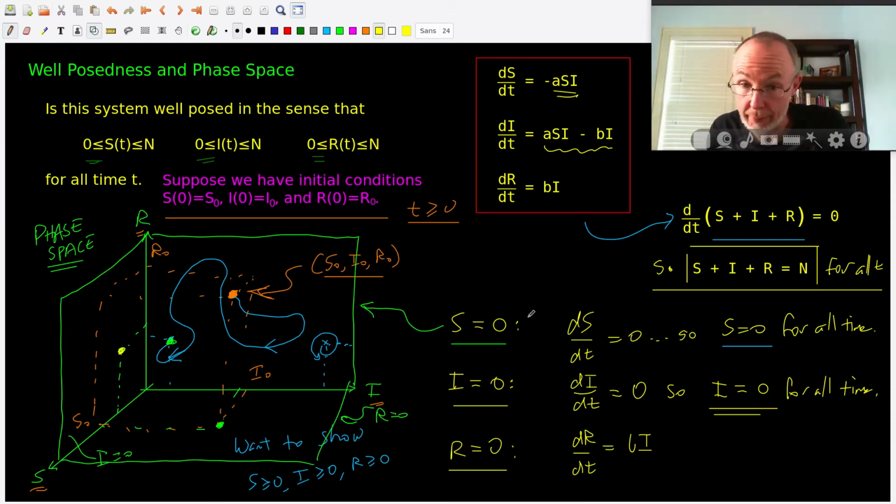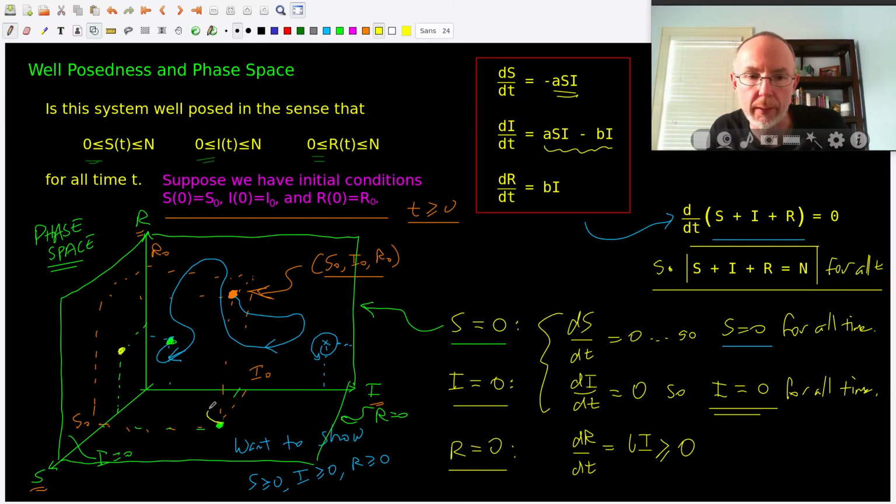The argument for these first two is all about if I start in this first octant, where I, S and R are all positive to begin with, then I can't leave that octant. So I has to be at worst 0 or positive. So b and I are both positive, which means this is positive. Worst case, it's 0, and that means R is increasing or stays where it is.